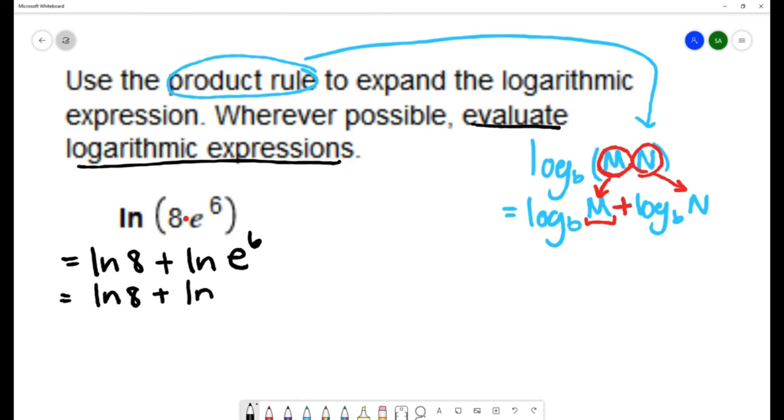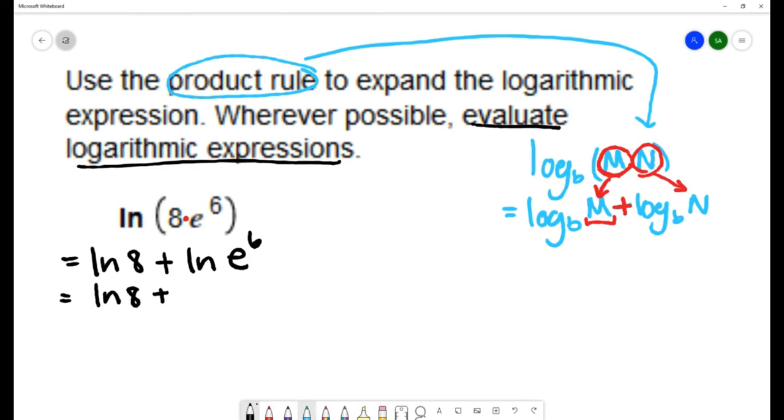So we are able to simplify this log over here that has base e, natural log e to the 6th. Now there's lots of different ways that we can think about simplifying natural log e to the 6th. So let's try a few.